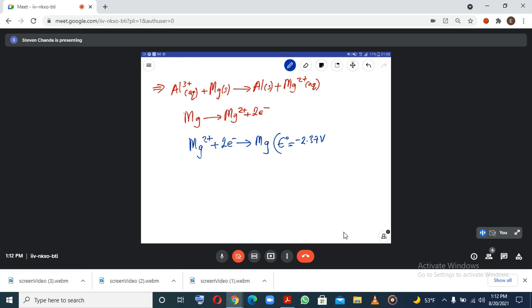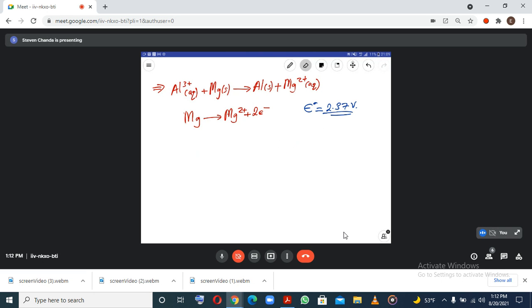So you are getting your negative E now. But anyway, let's not make things complicated. Just know that your E has been reversed, and it's now positive 2.37 volts. Okay, so I hope that makes sense. So there we have it.